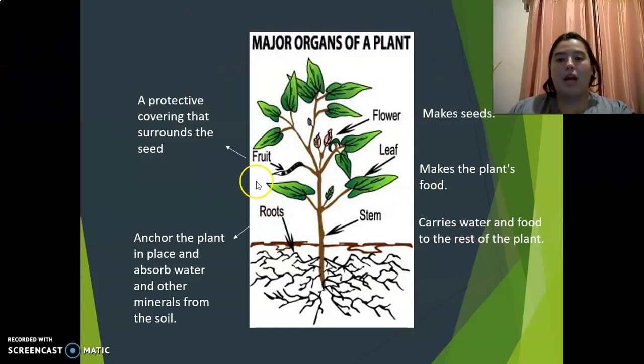On the other side, we have the fruit, the protective covering that surrounds the seeds, and roots anchor the plant in place and absorb water and other minerals from the soil. So these are the major organs of a plant, okay?